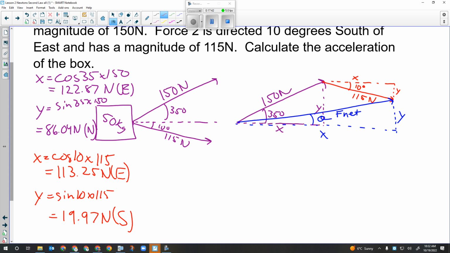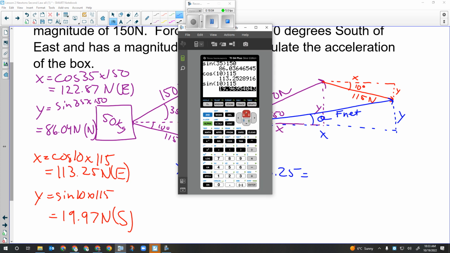Okay, for blue x, they're both east, so I simply add them together: 122.87 plus 113.25, so 236.13 newtons east.